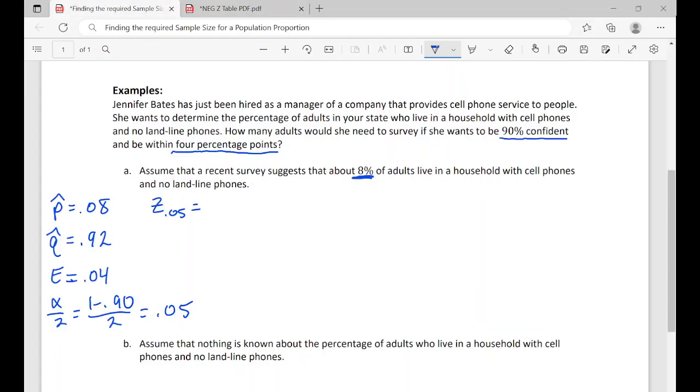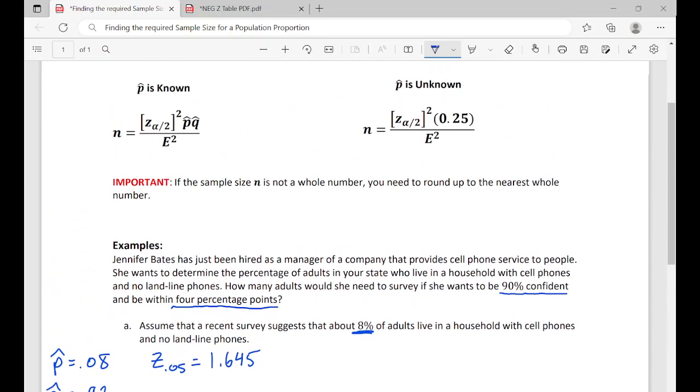So going back here, 1.645. And now we're going to find the sample size that we need. Since we have a proportion that we know, we're going to be using this formula here.